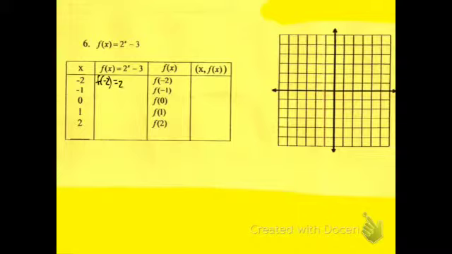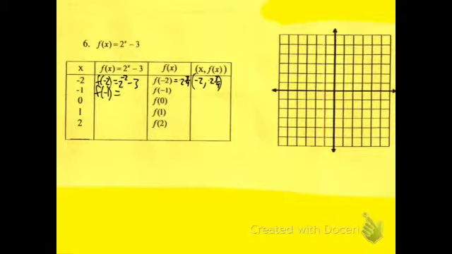So put in negative 2 for x, 2 to the negative second power, and then you subtract 3. 2 to the negative second power is 1/4 minus 3. It gives you negative 2 and 3/4. Okay, so you get the point negative 2, negative 2 and 3/4, which I don't want to change, mostly because I'm sick of doing these.